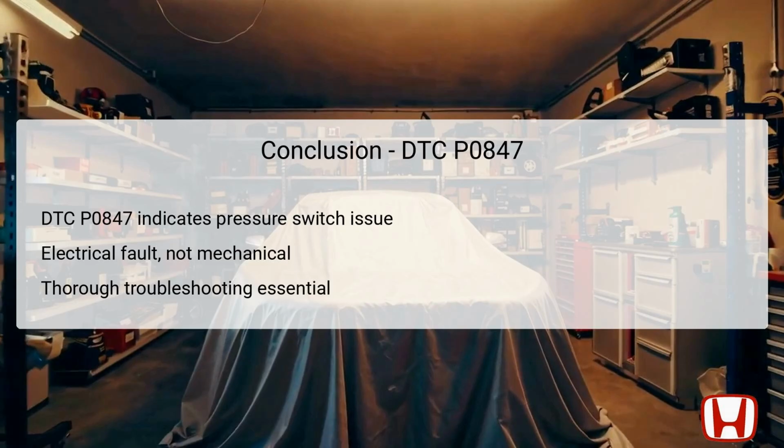Detailed troubleshooting steps guide you through verifying the issue, ensuring accurate readings, and ultimately diagnosing whether to replace the switch or address wiring or PCM concerns. Employing thorough checks and preventative measures can prevent future complications from arising.